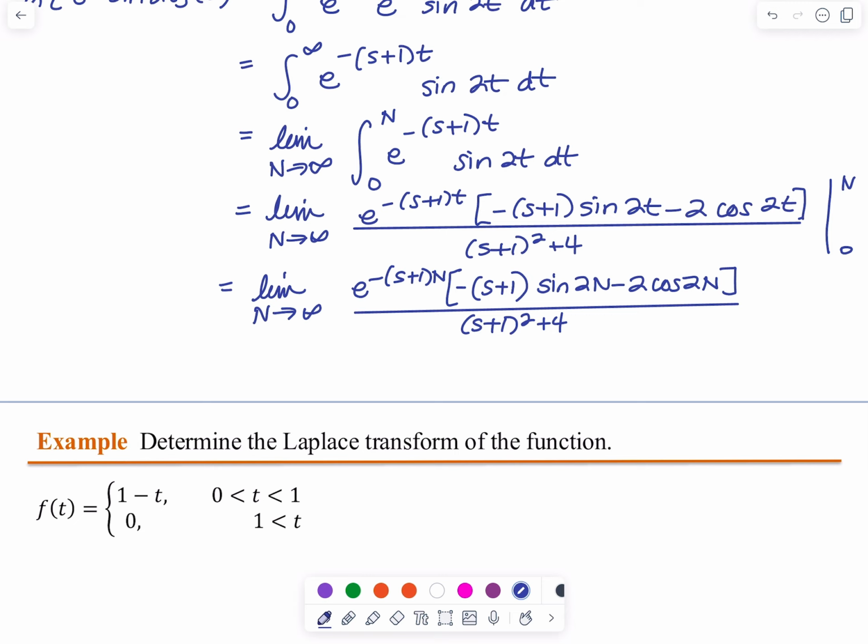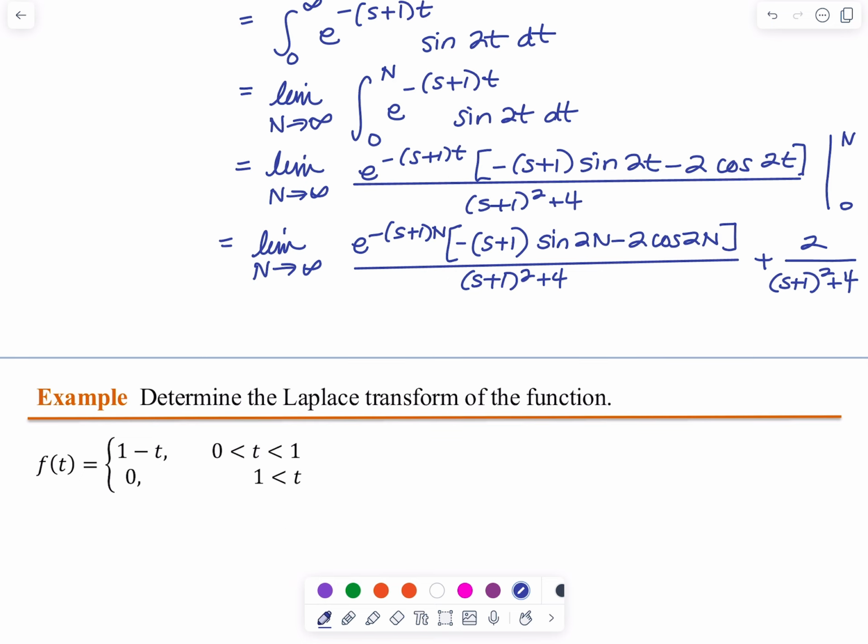And now subtracting, plugging 0 in, you can see that we will have a negative 2 right here. So we could just put a plus 2 divided by that same denominator, s plus 1 squared plus 4.